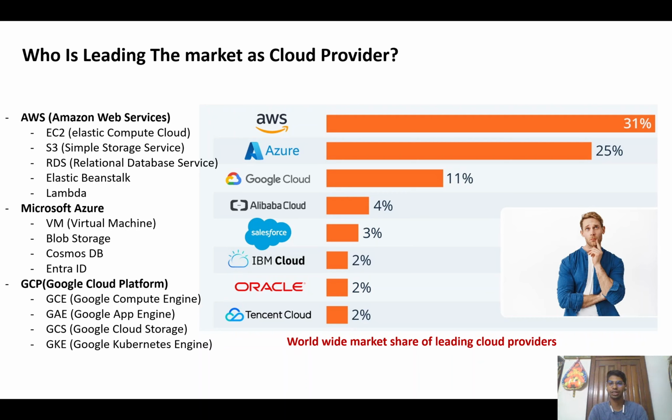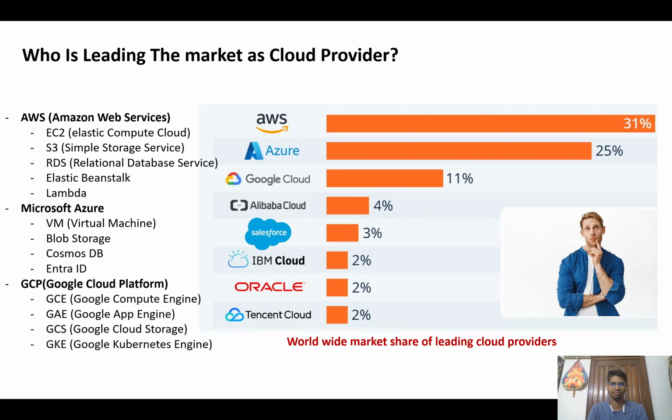As per market share and popularity, AWS is the leading cloud provider in the market. But Azure is getting more attention nowadays, in my view. I hope in 2 to 3 years, maybe Azure will be sharing the market with AWS in a leading format.